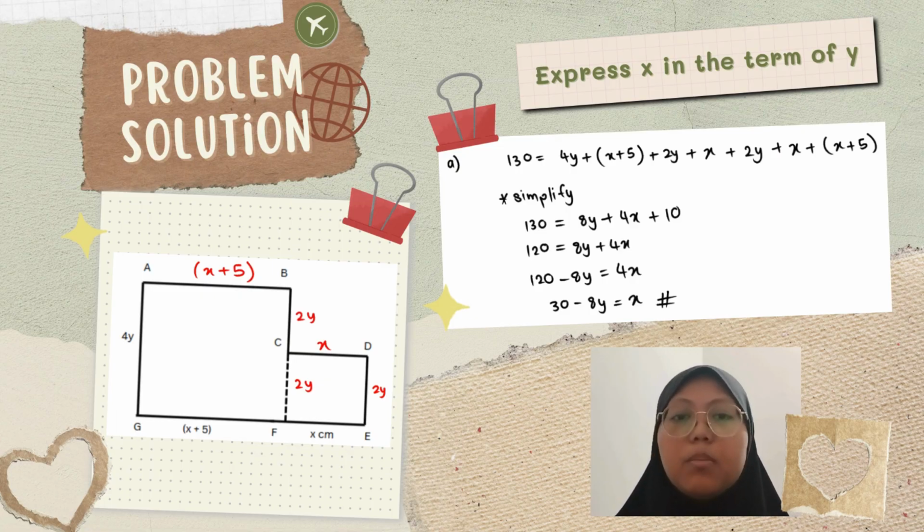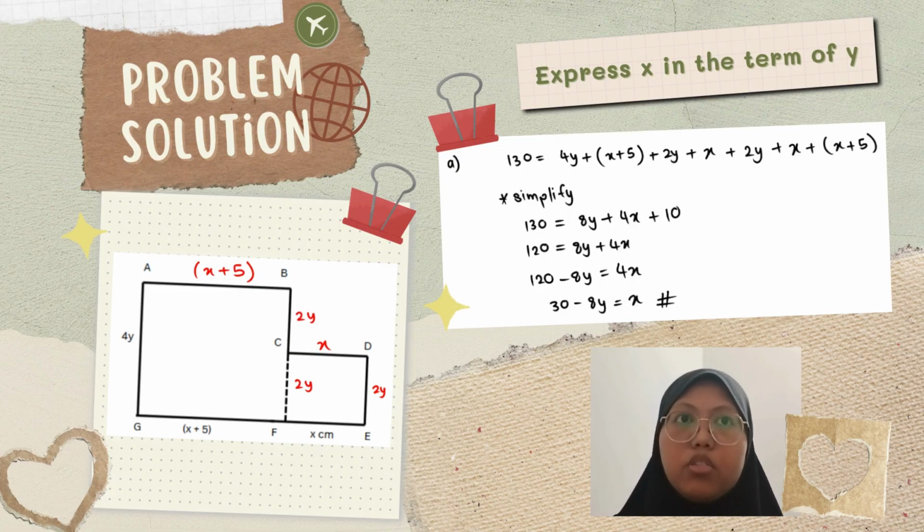From there, we simplify the equation to get 130 equals 8y plus 4x plus 10. We simplify it further by moving the 10 to the other side, which gives us 120 equals 8y plus 4x.